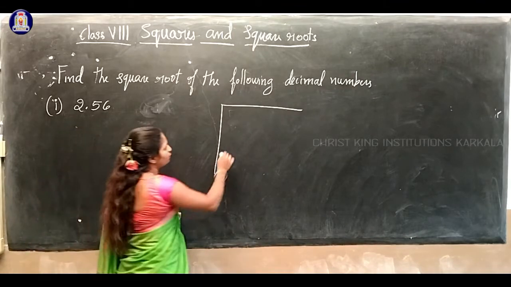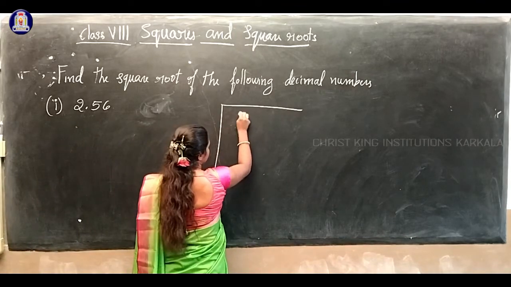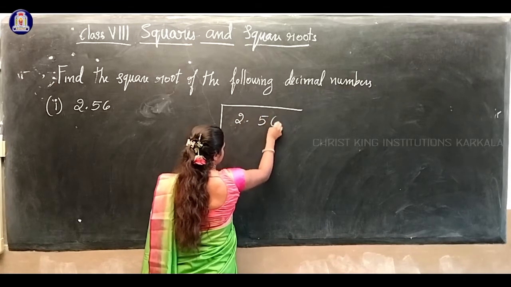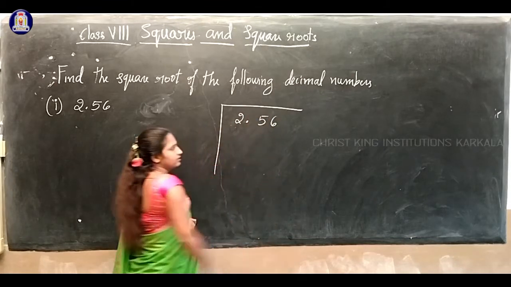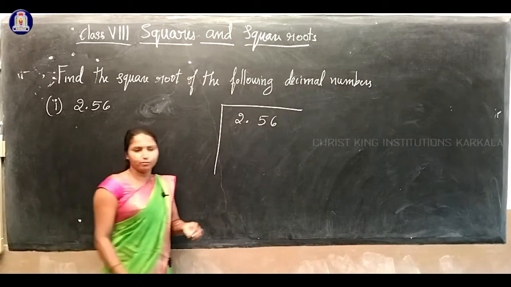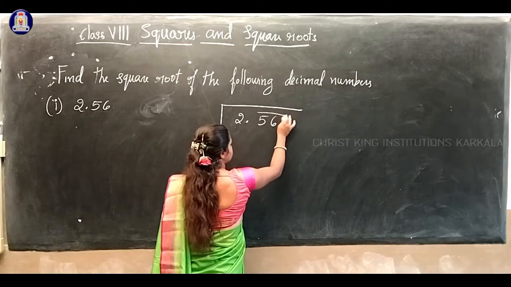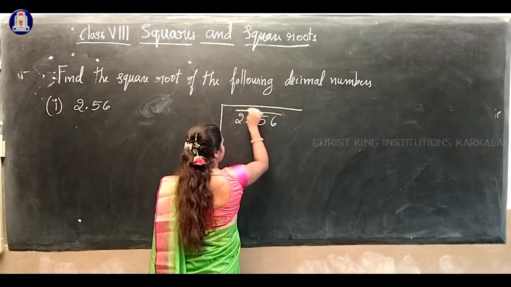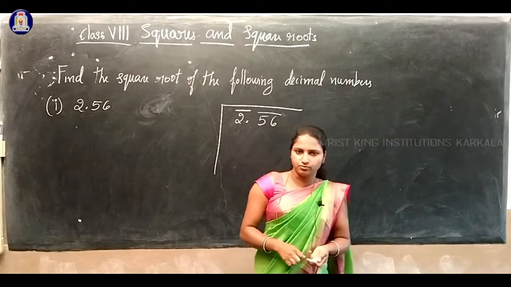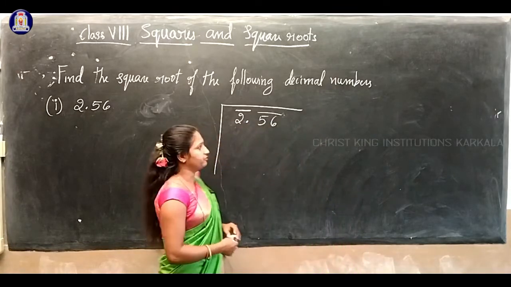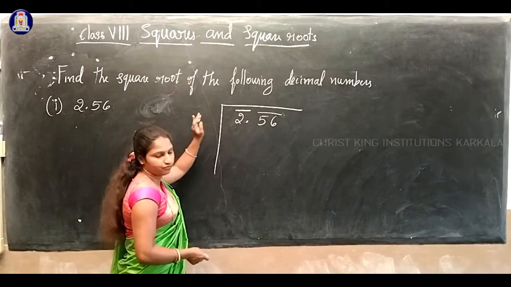Clear? So now first you write 2.56 like this. Next you have to make groups: 56 is one group and the remaining number, that is 2, is one group. Clear? So now we have to write a perfect square.